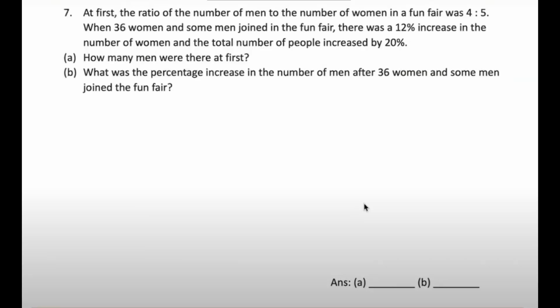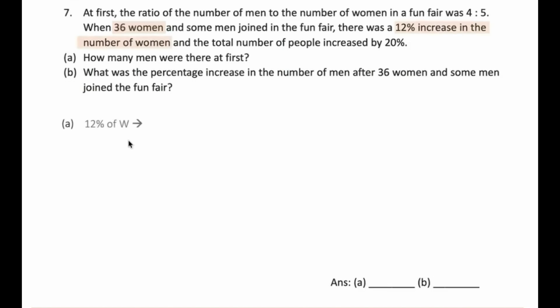December. Now, at first, the ratio of the number of men to the number of women at the fun fair was 4:5. When 36 women and some men joined the fun fair, there was a 12% increase in the number of women. So this 12% increase in the number of women is equal to the 36 women that just joined, right?